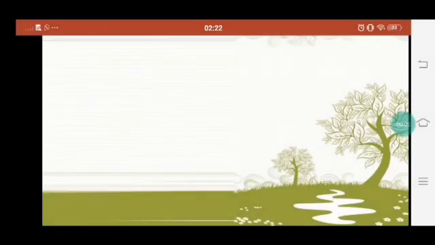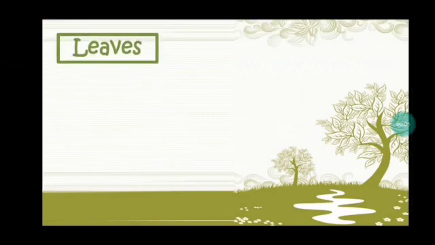The first part of the plant that we will study is the leaf. The leaf, of course, in bahasa is daun. I think I don't need to translate it for you. The leaf has the function to trap the sunlight, menjebak sinar matahari. What for? They trap the sunlight in order to make food for the plant.